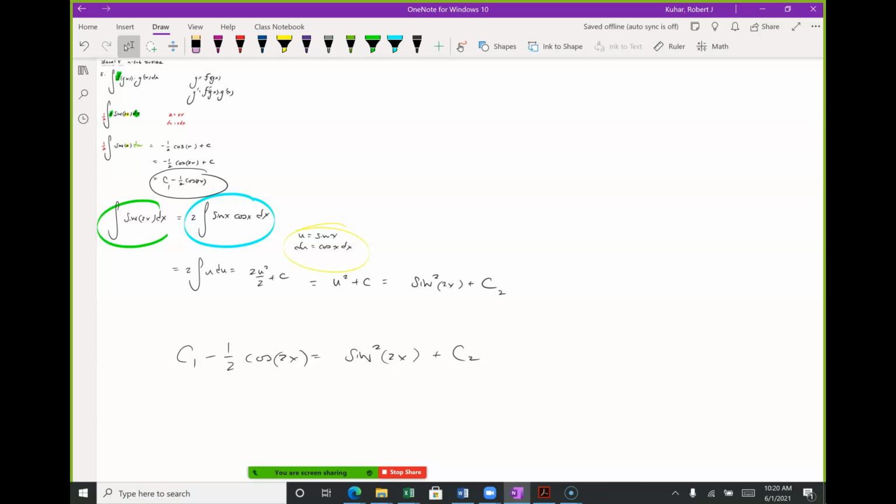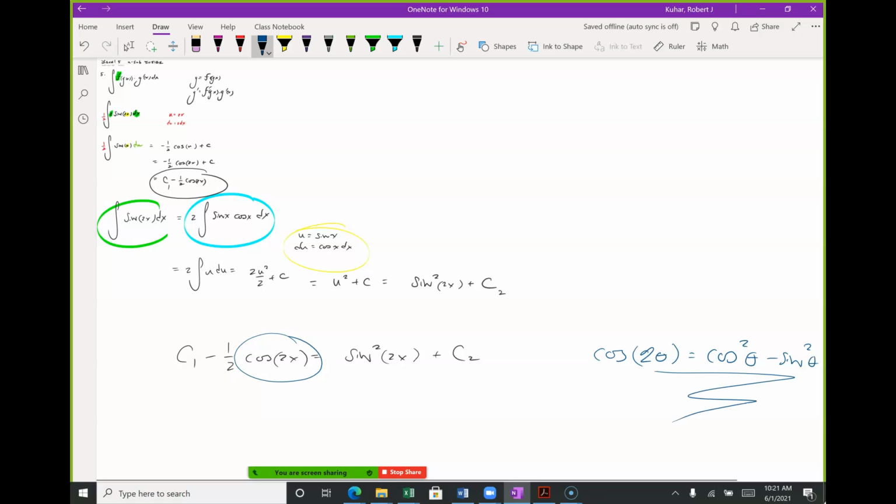But I'm not convinced yet. Well, the trick is to use your trig identity here, right? Cos of 2 theta is cos squared theta minus sine squared theta. So use that identity and see if you can simplify it to get it to be true, okay?